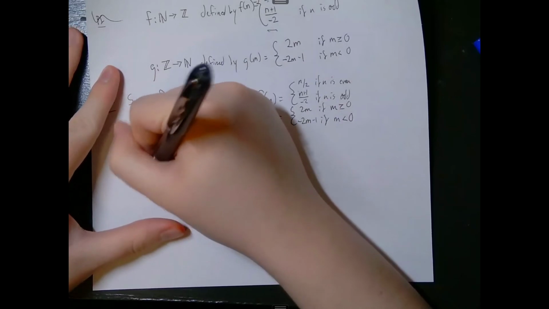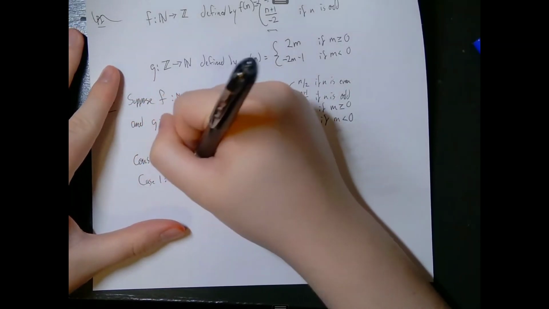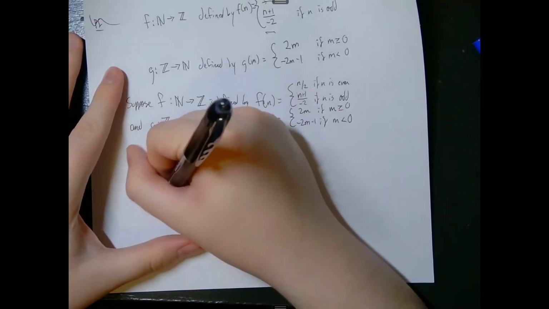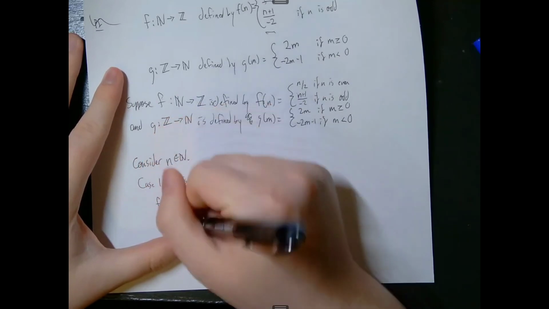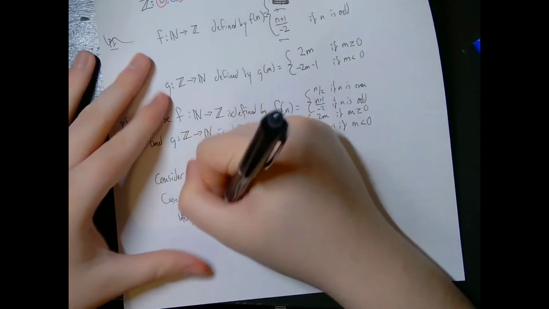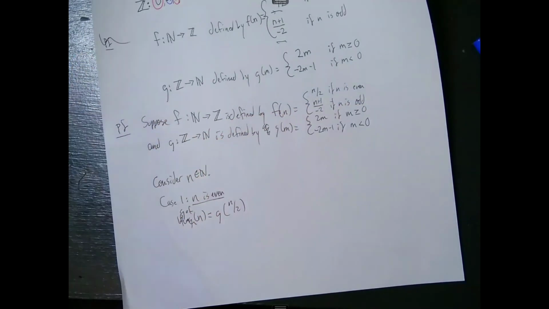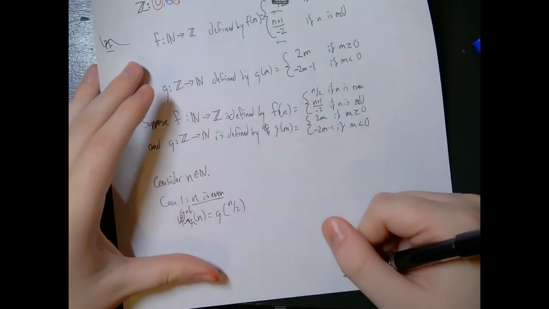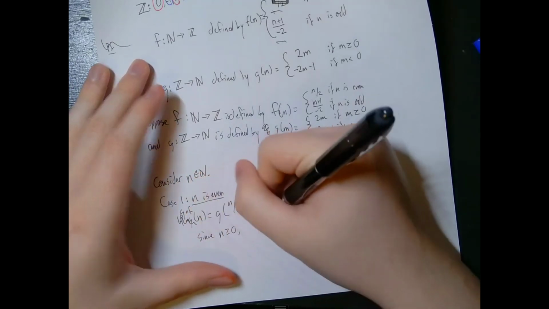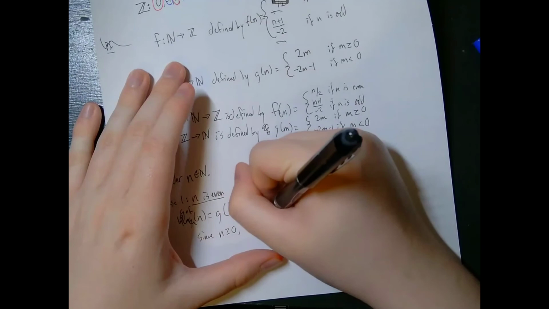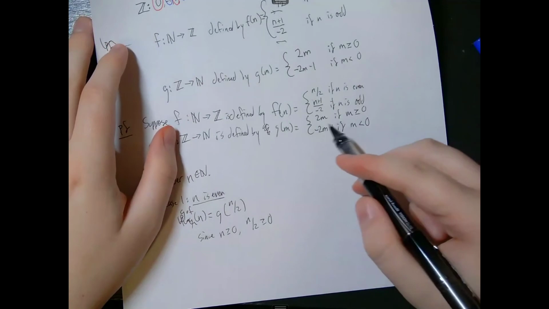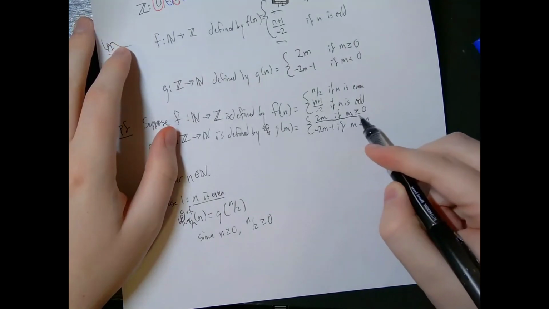So case 1, n is even, then g composed with f of n equals g of n/2. Since n is greater than or equal to 0, n/2 is greater than or equal to 0, which is important because then we'll know that this case applies to n/2.